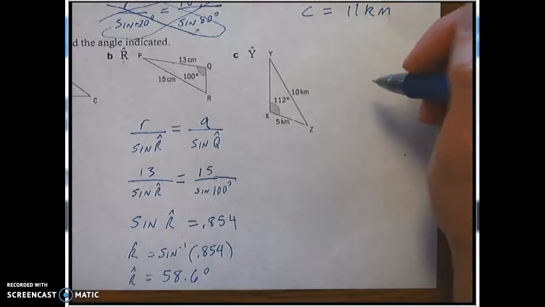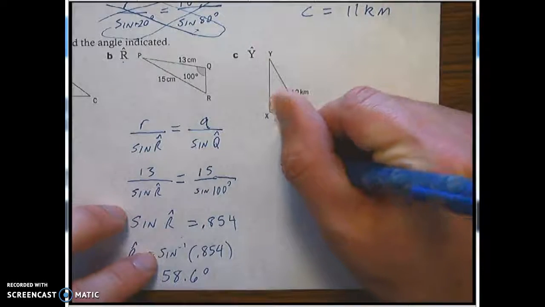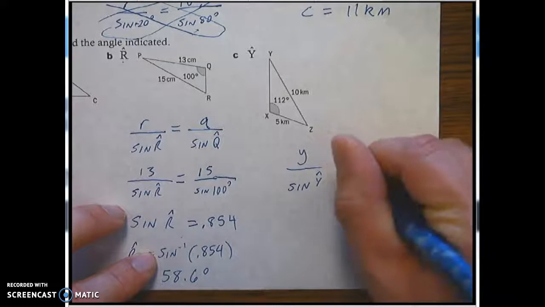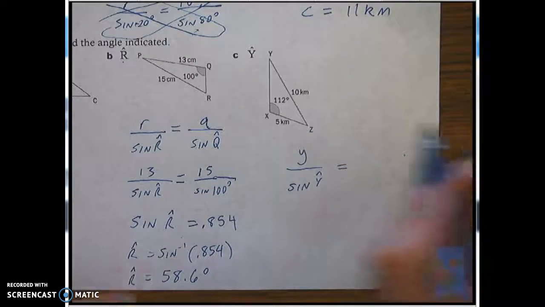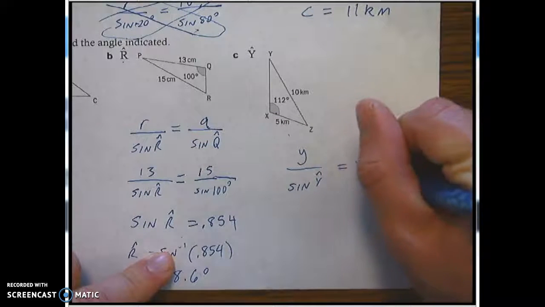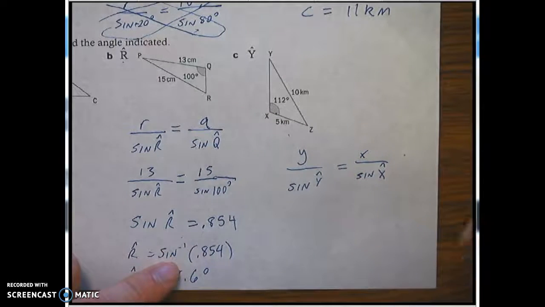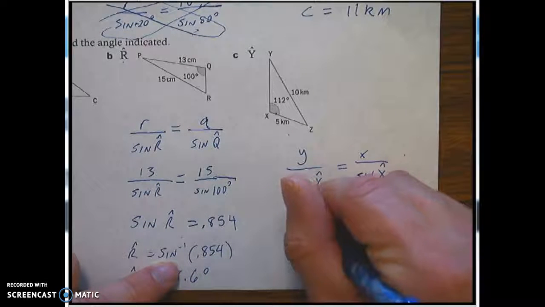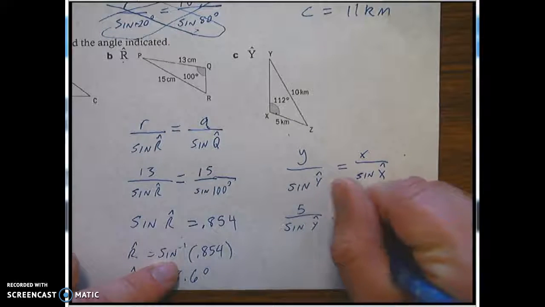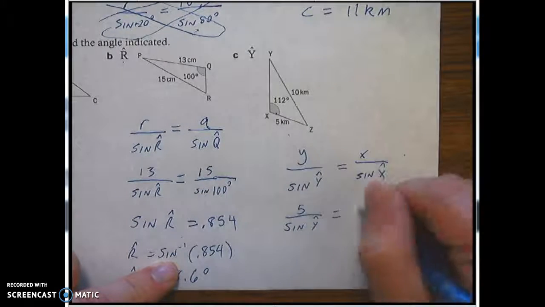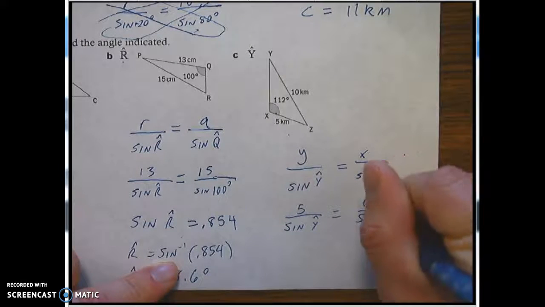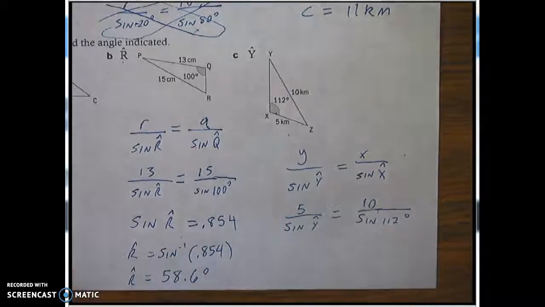We're looking for angle Y. So I know that I'm going to have lowercase y over sine of angle Y equals, and I have information on angle X and side X, so I'll do lowercase x over sine of angle X. Plug in what you know: 5 over sine of angle y equals 10 over sine 112 degrees. Alright, let the calculator step in.